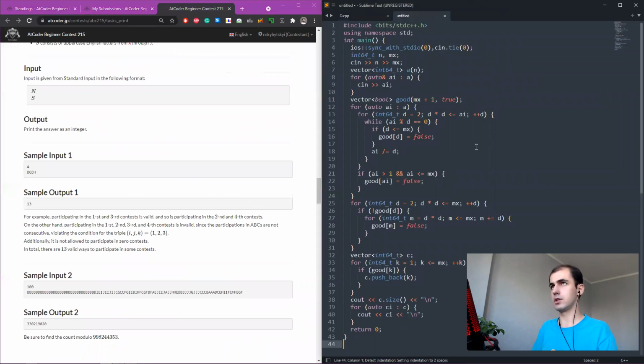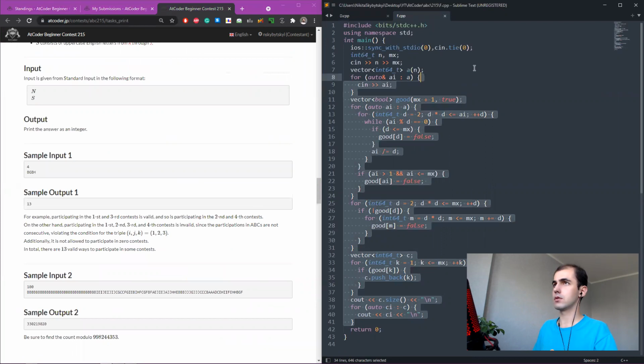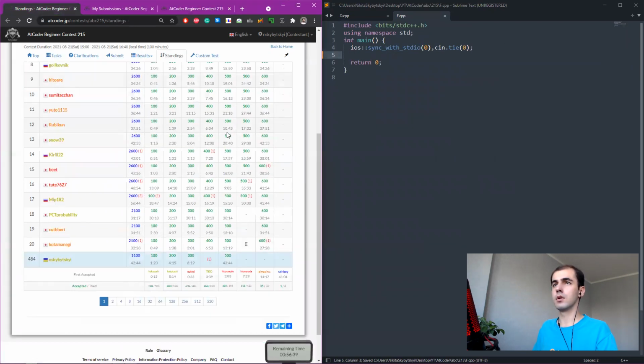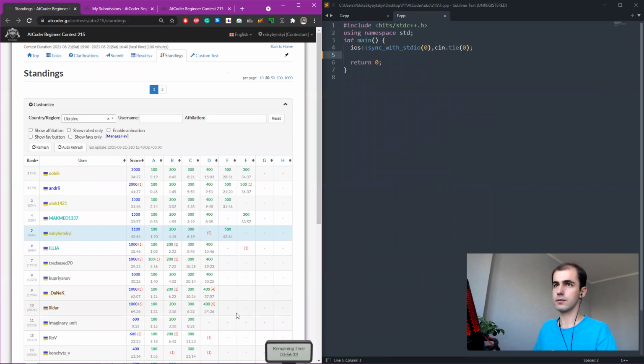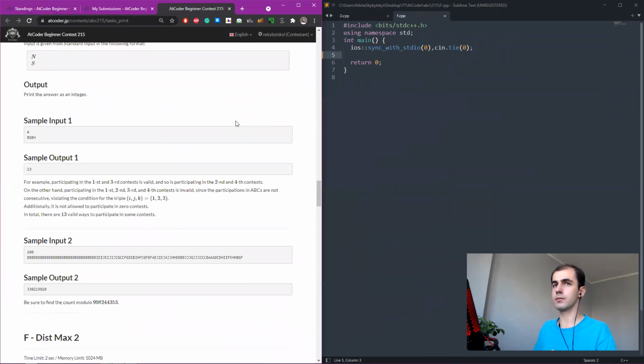We'll get back to D after I read F, because we did quite badly in this contest. Yeah, but it appears that F is completely doable.